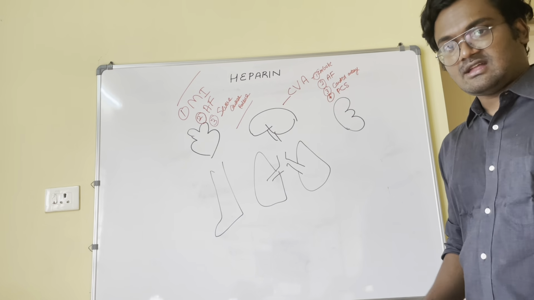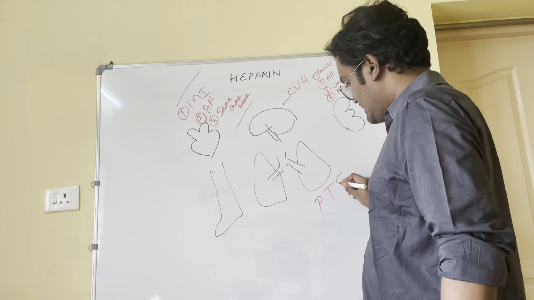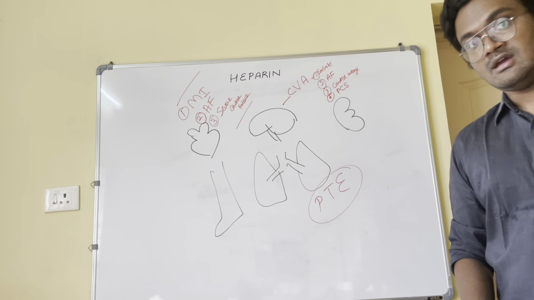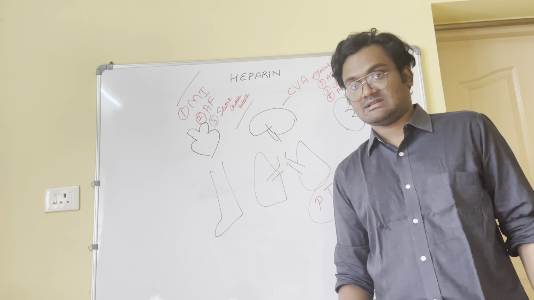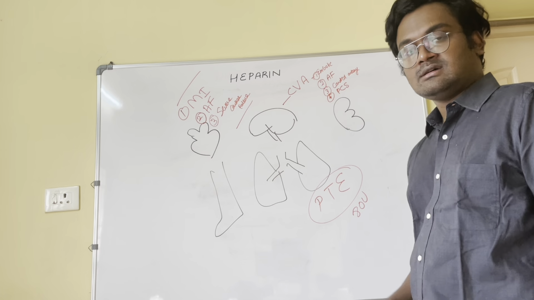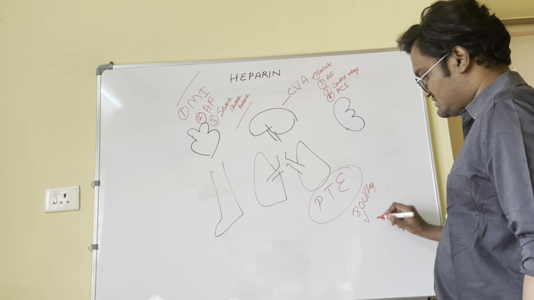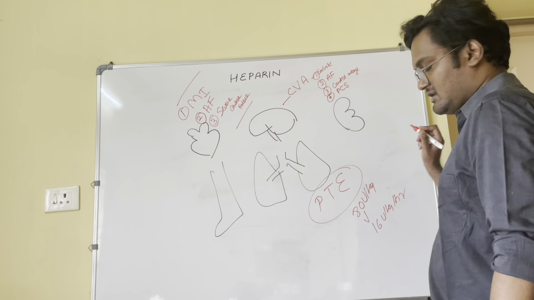In the lungs, when do you use heparin? Pretty straightforward: pulmonary thromboembolism. It is one of the main indications for heparin. You give an 80 units per kg bolus dose, followed by a 16 units per kg per hour infusion.